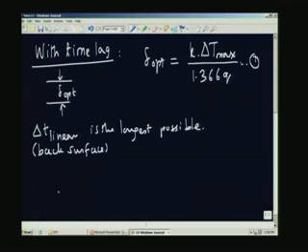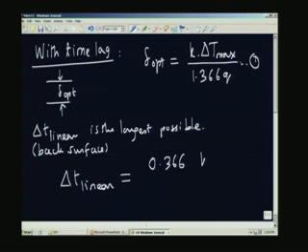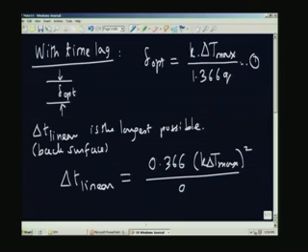The second relationship is that delta T linear is then given by 0.366 K t max, or K delta T max whole squared, divided by Q squared times alpha, where alpha is the thermal diffusivity of the slug material.